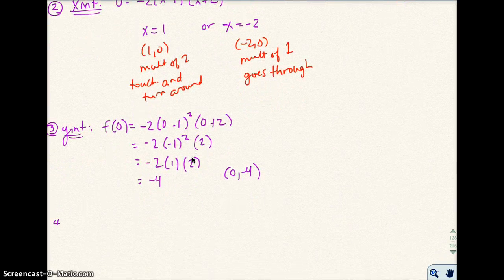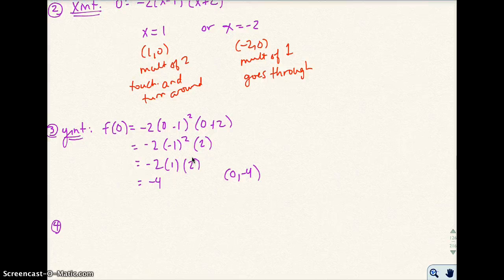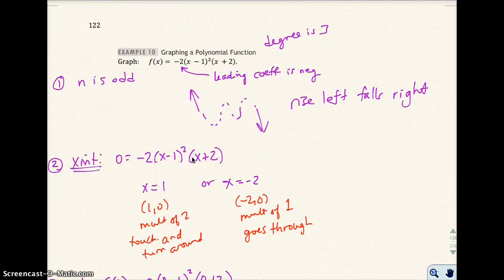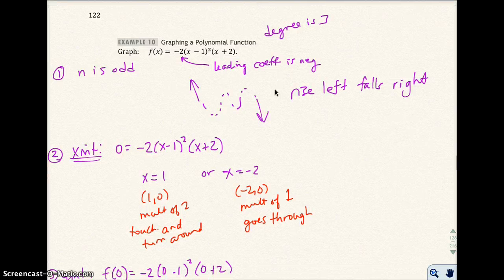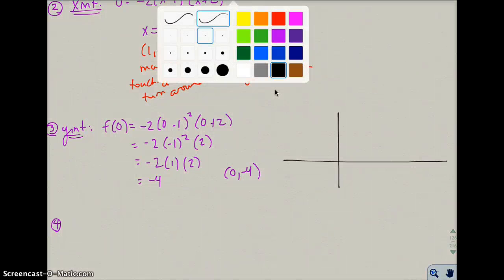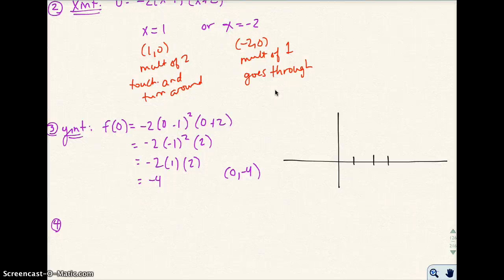Okay, now here at possible symmetry, now let's go ahead and sketch what we have so far. You could plug in the negative x into here and see what goes on, but it's going to be a little bit harder to find out what happens. You have to multiply it all out and so on. If you really want to find symmetry, you would multiply all this out, get your polynomial, and then put your negative x in and see if it stays the same, changes, and so on. We're going to save ourselves a little bit of time here. So right now, I get an idea of what we have here.